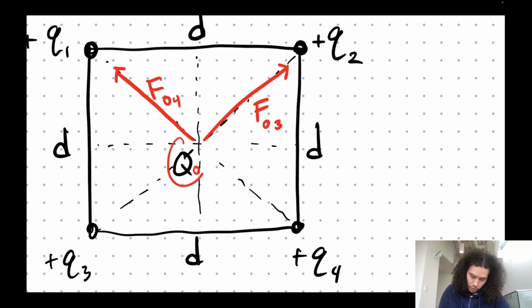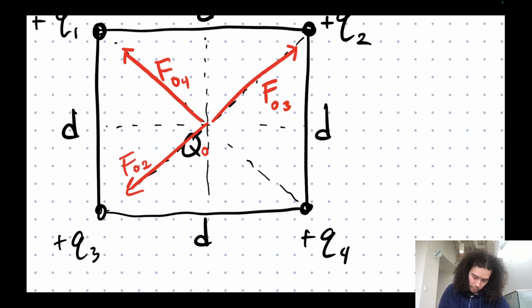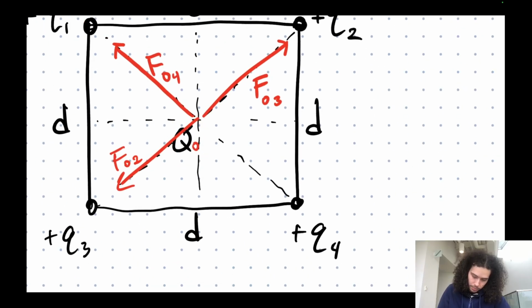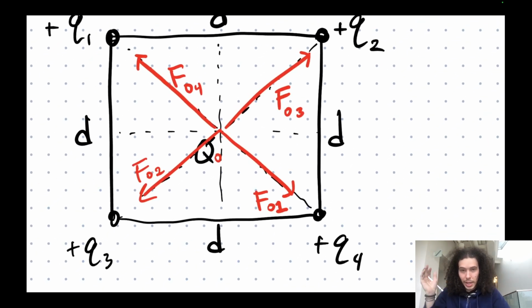We're going to have another force due to Q and Q2. Call this FO2. And we have another force due to QO and Q1. All the charges are exactly the same.